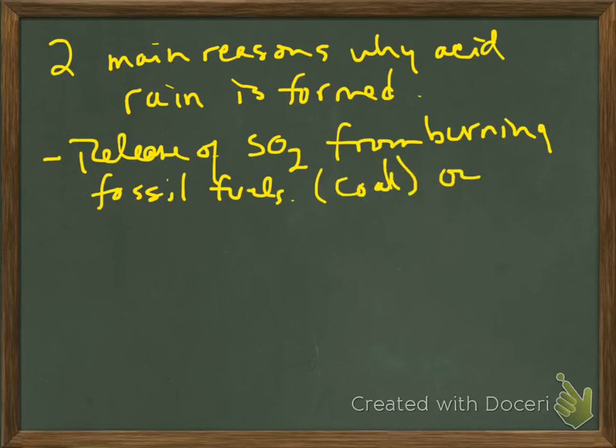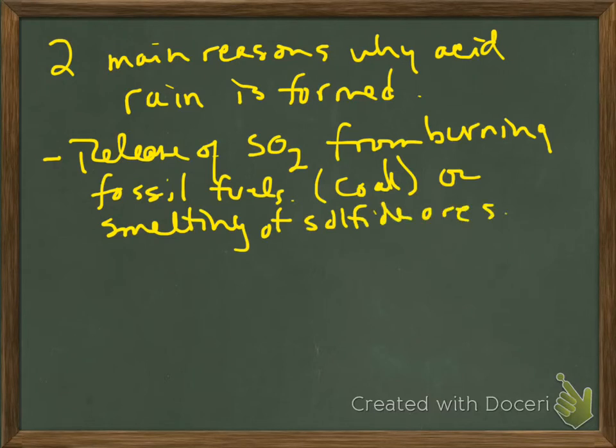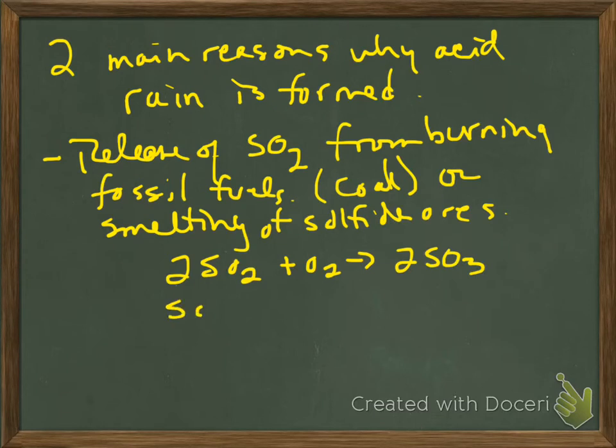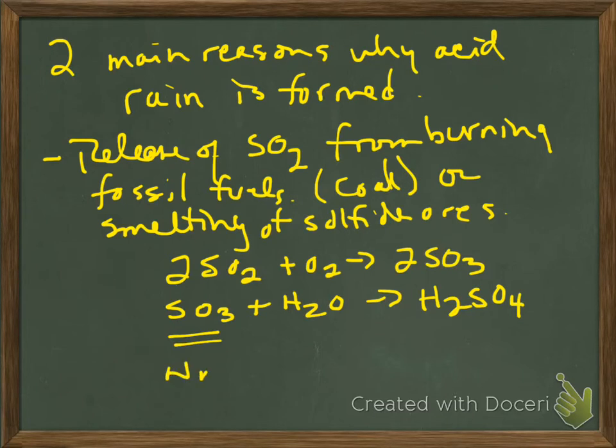Also from smelting of sulfide ores. So basically what happens is we have the sulfur dioxide reacting with oxygen to form sulfur trioxide. Sulfur trioxide then reacts with the water in the air to form sulfuric acid. Again, non-metal oxide forming acids.